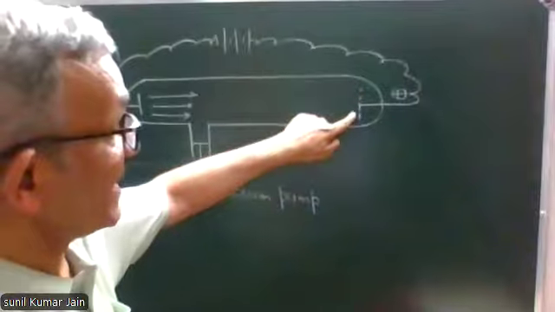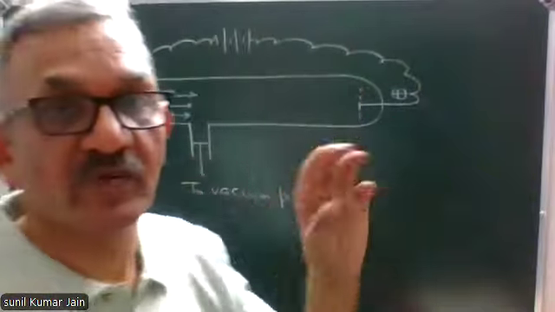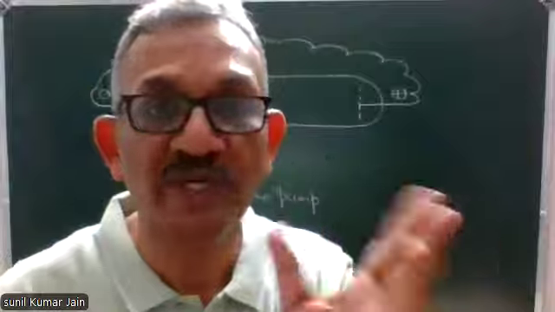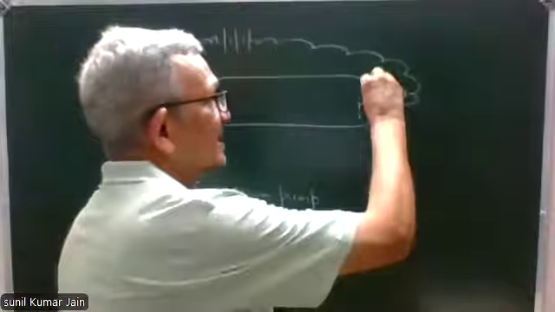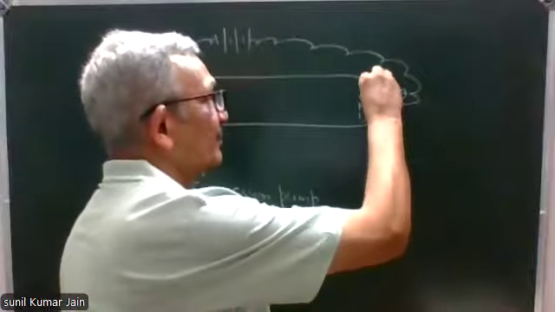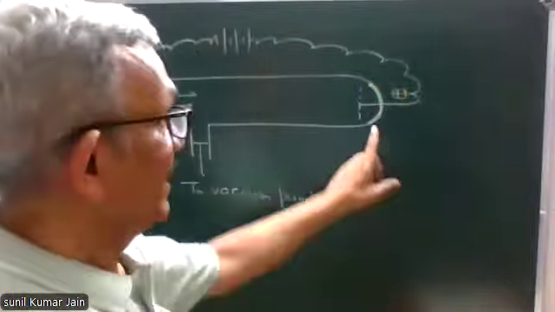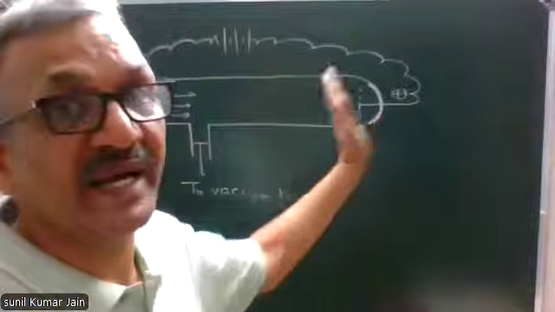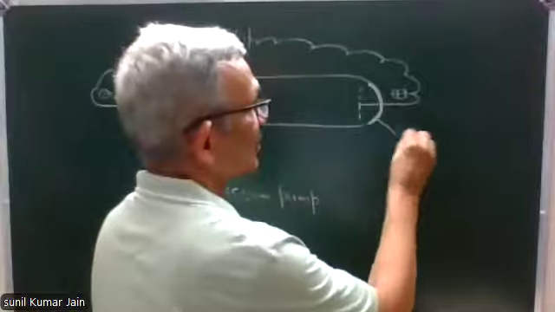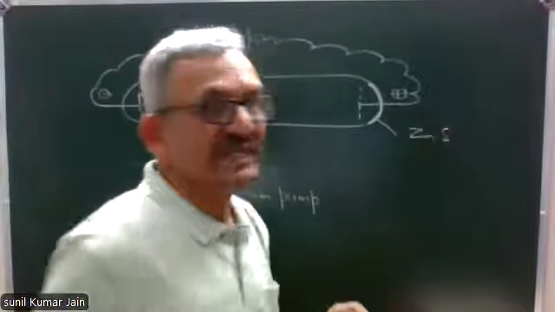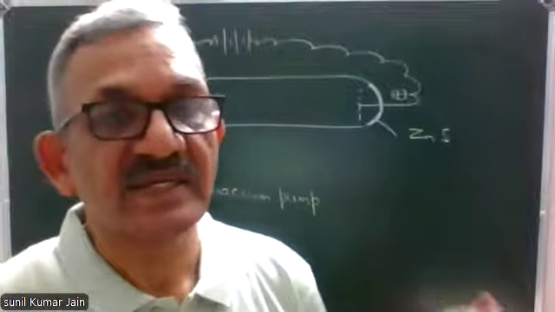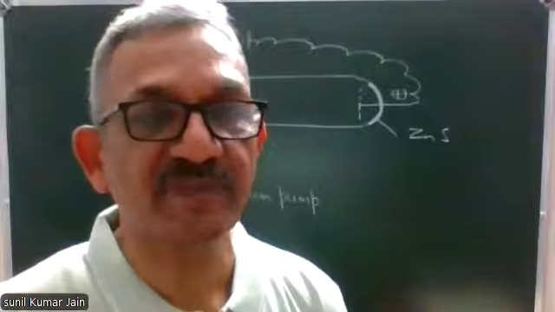You can see this anode is perforated. Perforated means anode has some holes in it. Please add in the diagram, this portion of the tube behind anode is coated with zinc sulfide. Zinc sulfide is a fluorescent material.